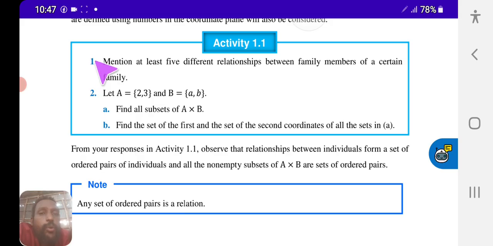The answer to this question shows that relation. You know that you can mention like this. It says to mention at least 5 different relationships between your family members.